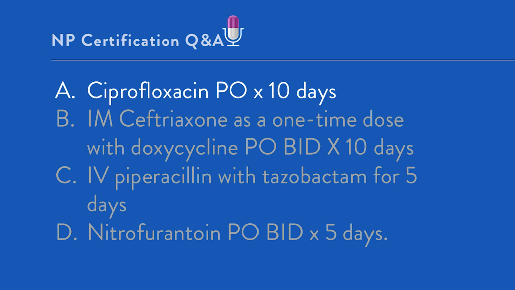Now, D, nitrofurantoin PO BID times 5 days. This is incorrect. Well, 5 days of nitrofurantoin is first-line therapy for an uncomplicated lower UTI or cystitis. This medication does not concentrate in the prostate, and therefore you'd have a failure of therapy.